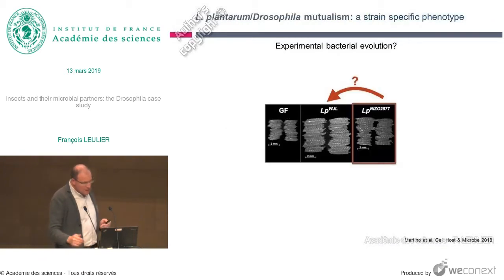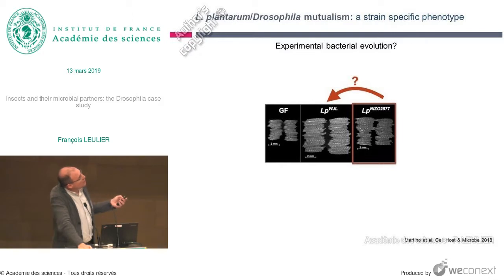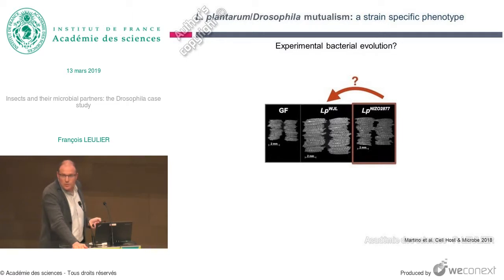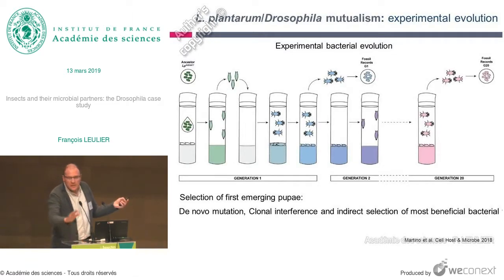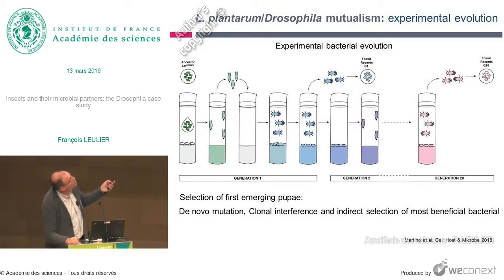So coming back to the second part of my talk, to this interesting observation that we have a strain-dependent phenotype, another postdoc in the lab, Maria Elena Martino, was very interested to see whether she could evolve non or mildly growth-promoting strains into super promoting strains, thanks to experimental bacterial evolution.